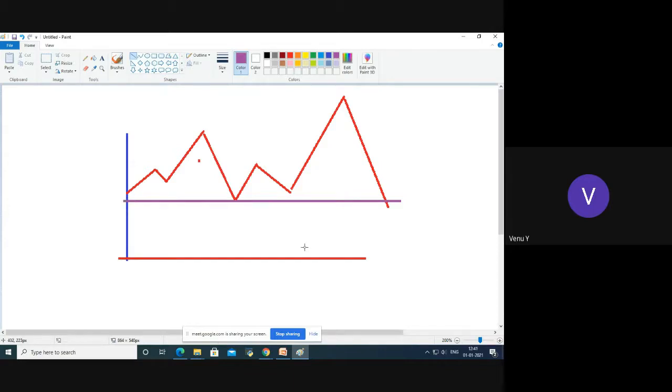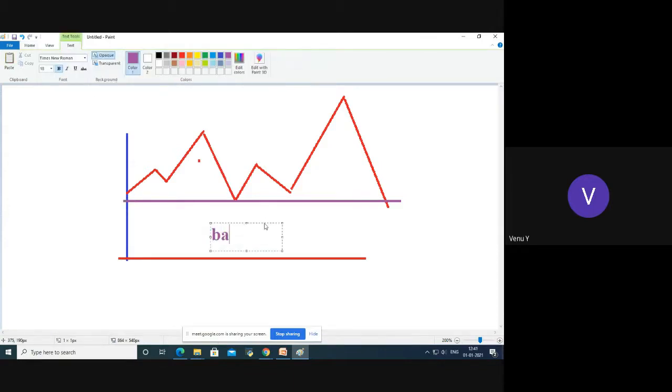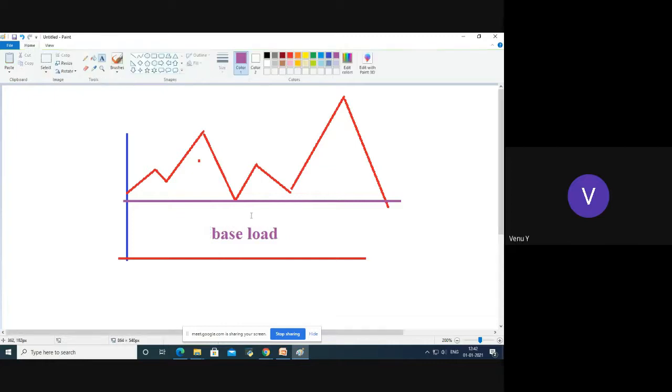So if it is base load, what they will do in the power system is adjust the system with the help of AGCs, the automatic governing control.